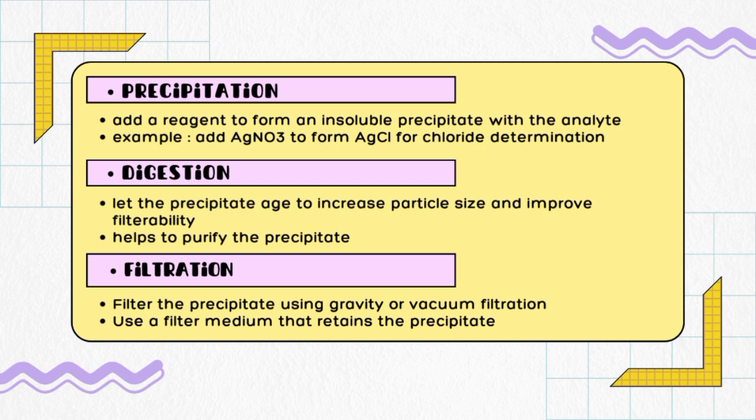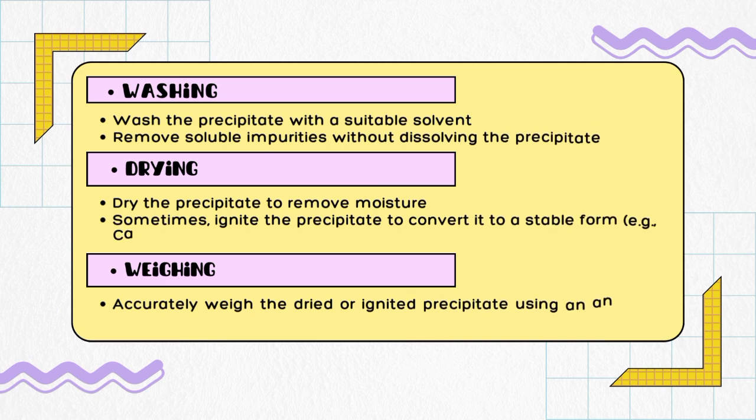Next, washing. To ensure the purity of the precipitate, it must be washed with a suitable solvent that does not dissolve the precipitate but removes any soluble contaminants. For instance, in the case of silver chloride, washing with dilute nitric acid can help remove any adsorbed impurities.